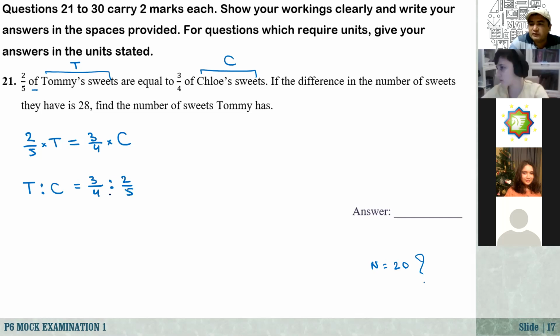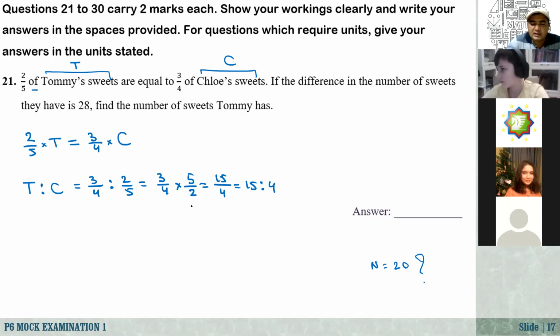This ratio means division, right? So I can write it as 3/4 times 5/2. That is equal to 3 times 5, 15, and 4 times 2, it is 8. Or that's just equal to 15/4.